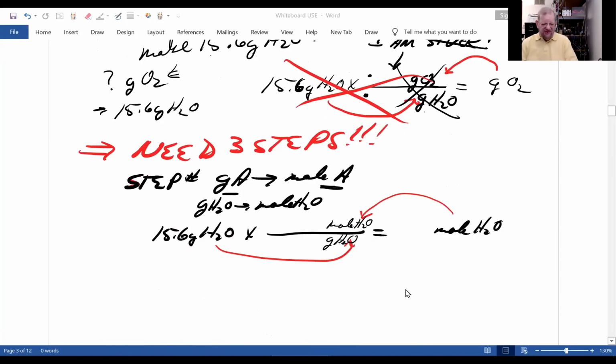And let's continue. Now, where do you get these numbers right here? In important information, 1 mole of a compound equals its molecular weight in grams, and the molecular weight in grams equals the sum of all atomic weights in grams.